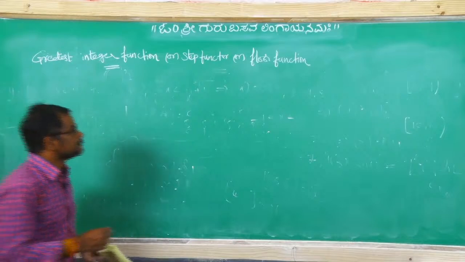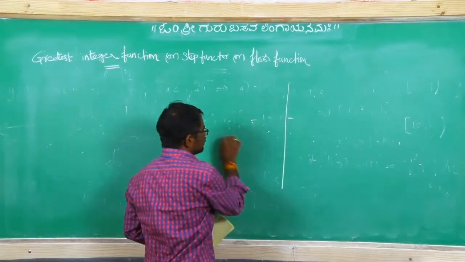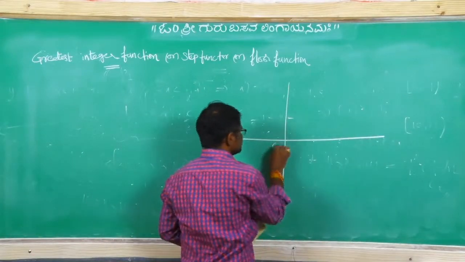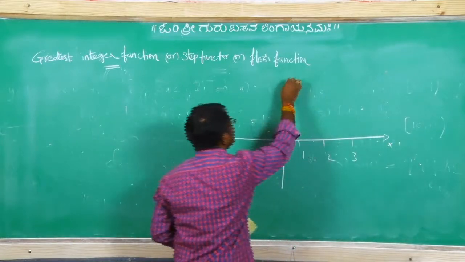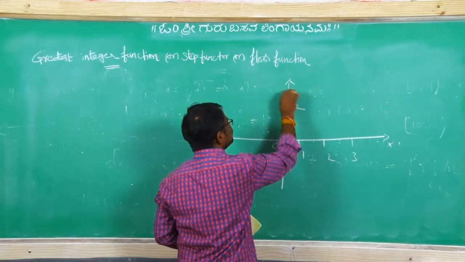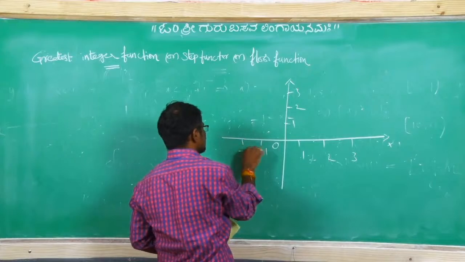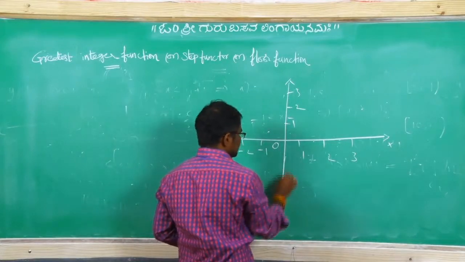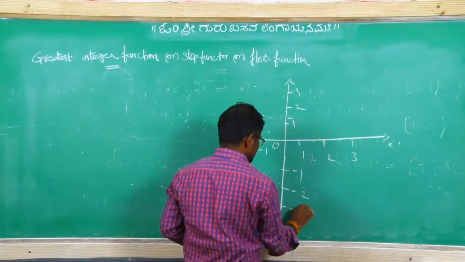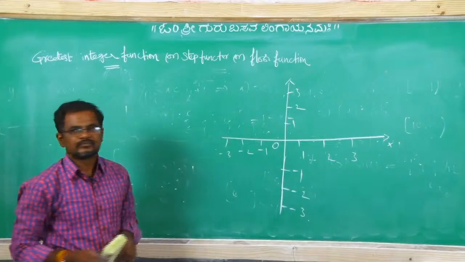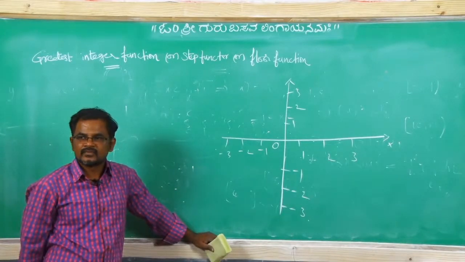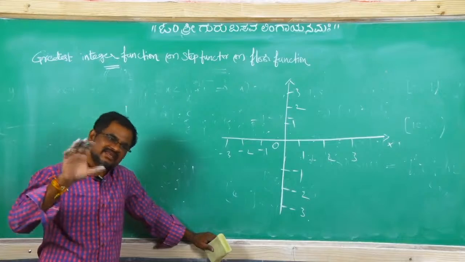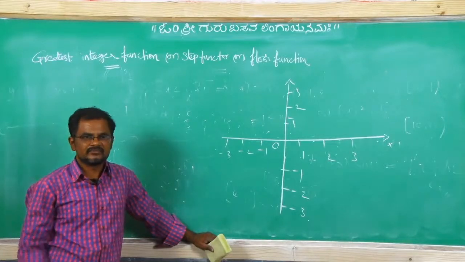Now, 0, 1, 2, 3 on the x axis, minus 2, minus 3. Up to now, what did you learn? Greatest integer of any integer is the integer only.